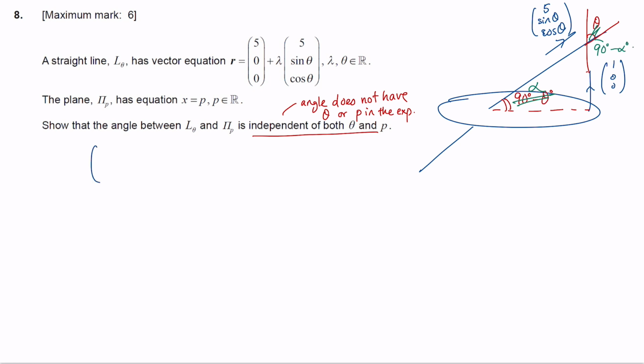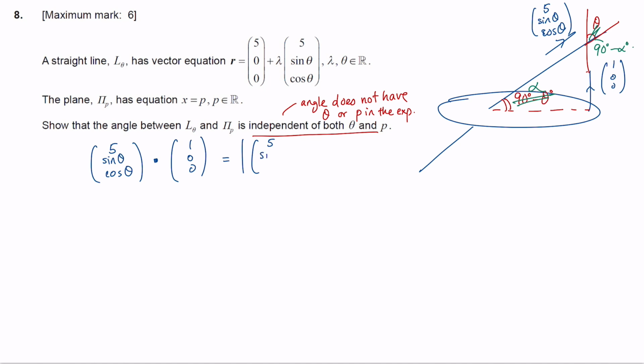So I'm going to take the angle between the normal vector and the line. This is the line's direction vector, this is the normal vector of the plane, and its angle will be 90 minus alpha.